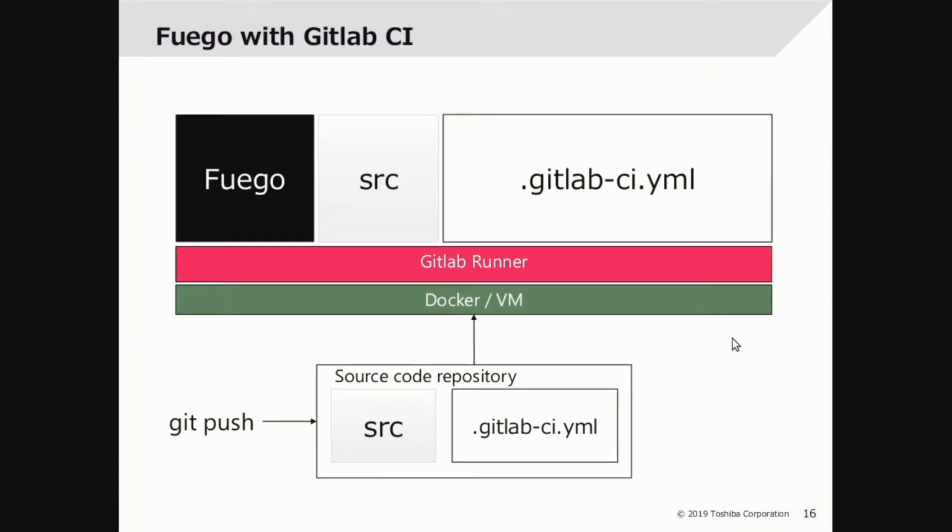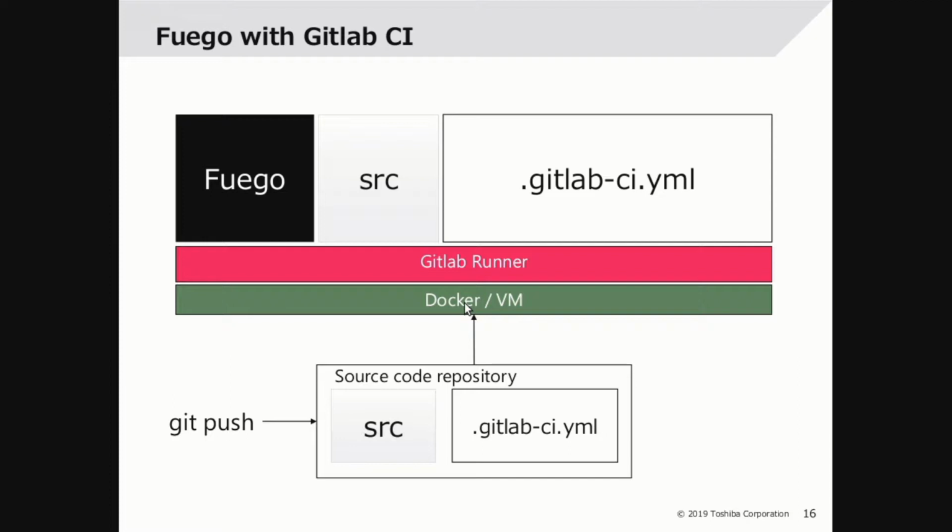So the third integration I wanted to show is how to integrate GitLab with Fuego. Basically, you have a source code repository in GitLab, which is, as you know, open source, but also a hosted service. And whenever you do a git push, GitLab will spawn a Docker machine for free.